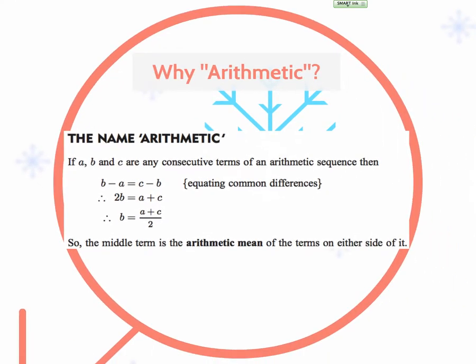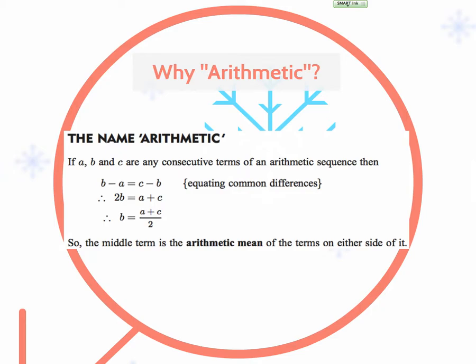So this is straight out of your textbook, so I don't feel like you necessarily need to write it down, but I just wanted you guys to know where the term arithmetic came from. We're going to use a little bit of this in solving some of our problems a little bit later.